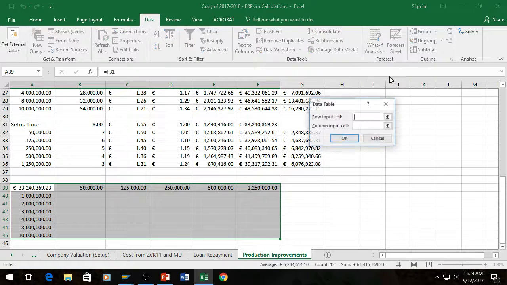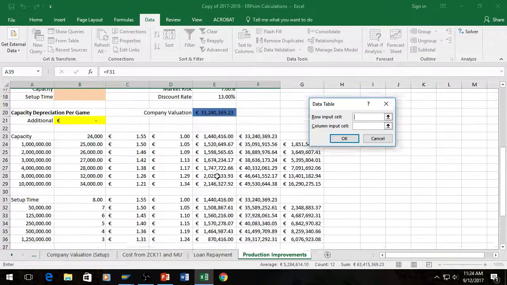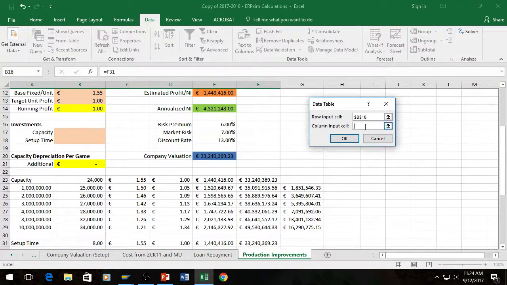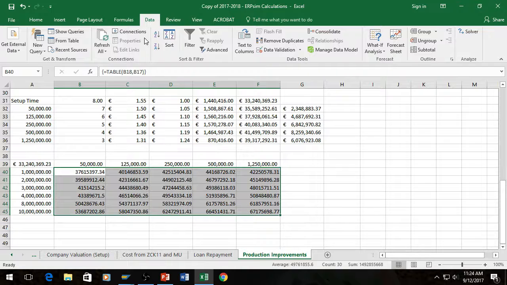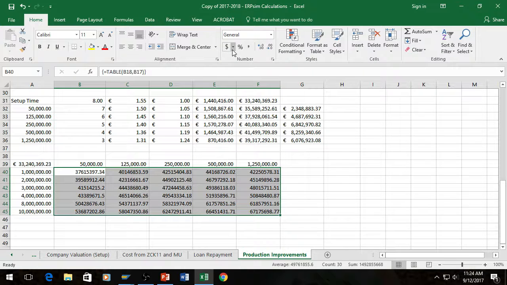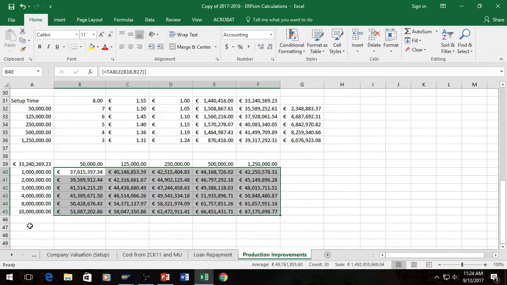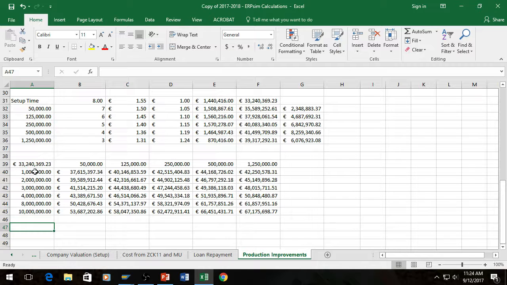What-if analysis, data table. This is a two-way data table, so the rows are setup time, and the column is capacity. So you can see a combination of the capacity here and setup time here does make a difference.